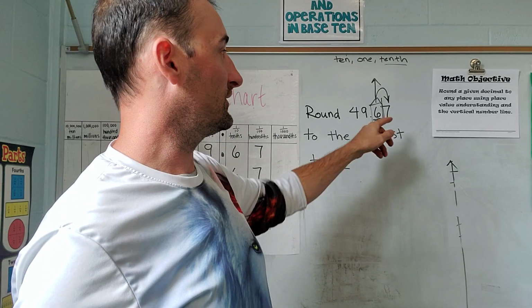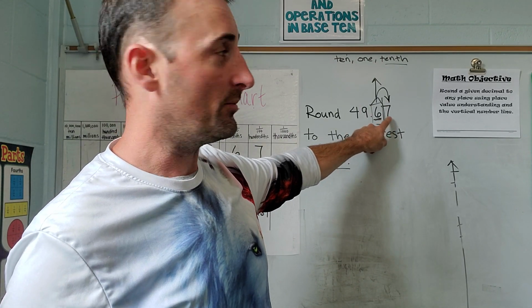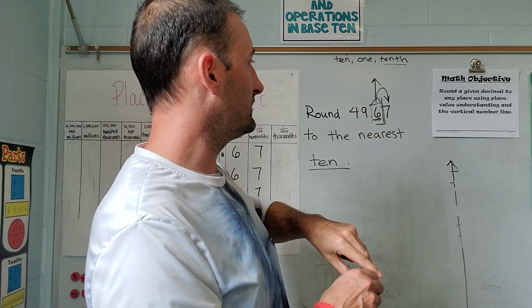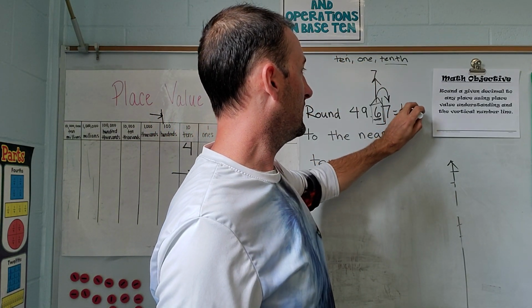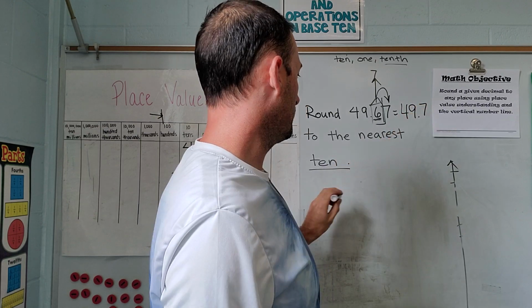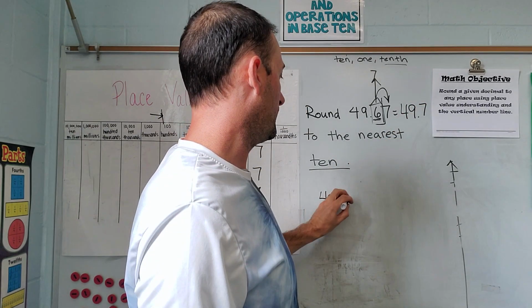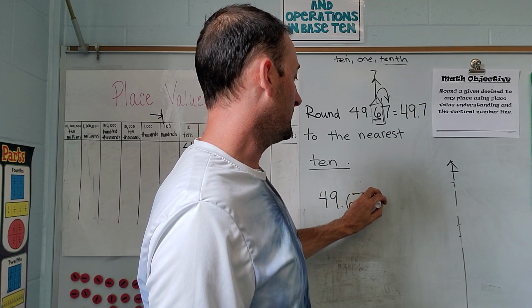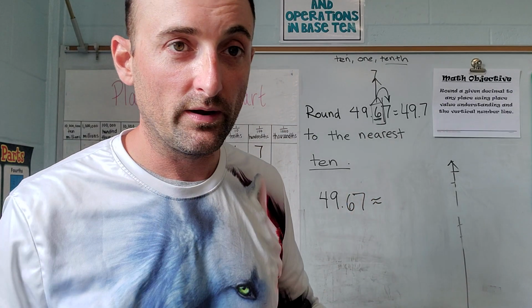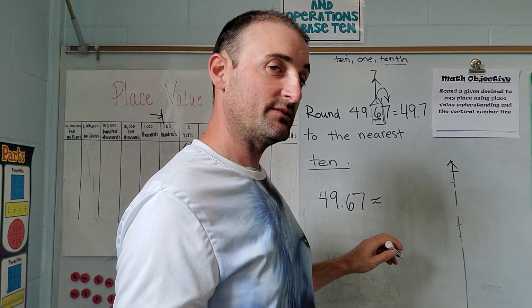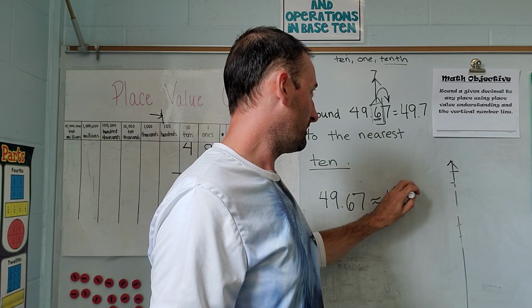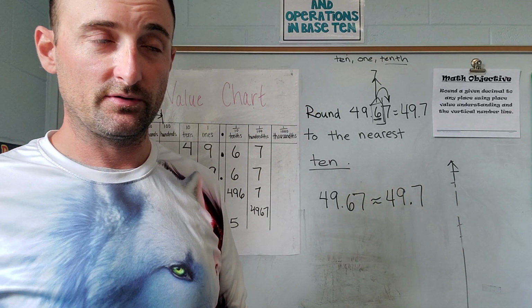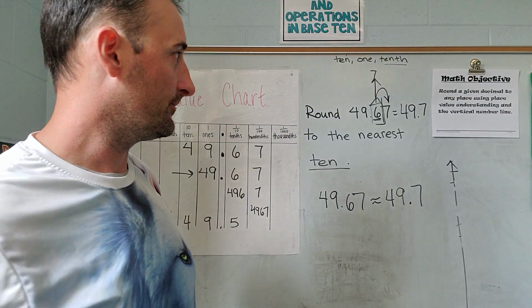Now, looking at the number 7 here, I know that's 5 or greater. So my number 6 takes the elevator up to the 7th floor, making this 49.7. Now, we would write our number 49.67 is approximately, with those little wiggly equal sign, that means about, 49.67 is about 49.7. Okay.